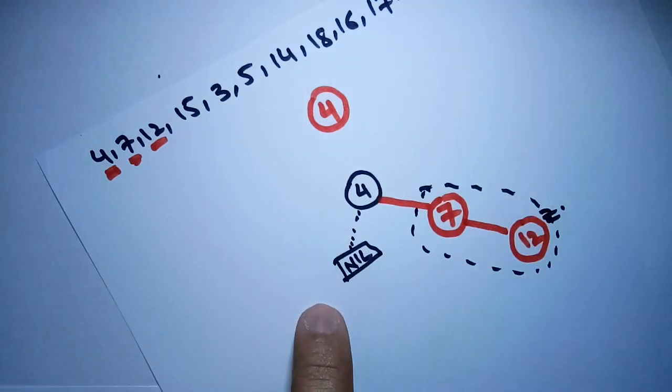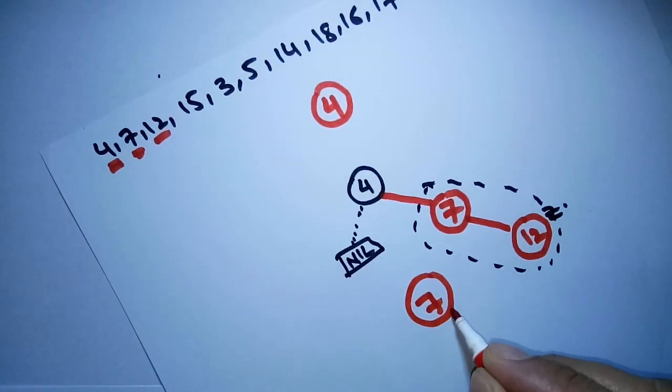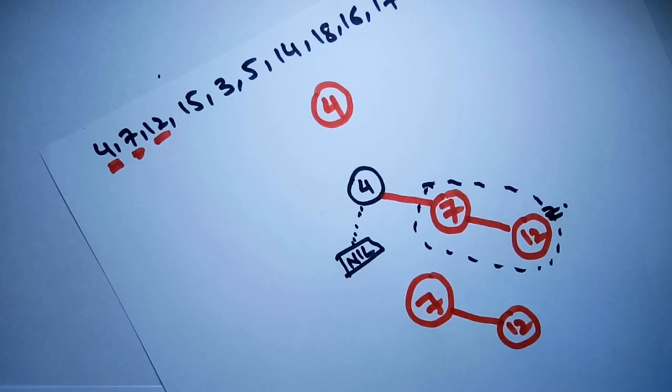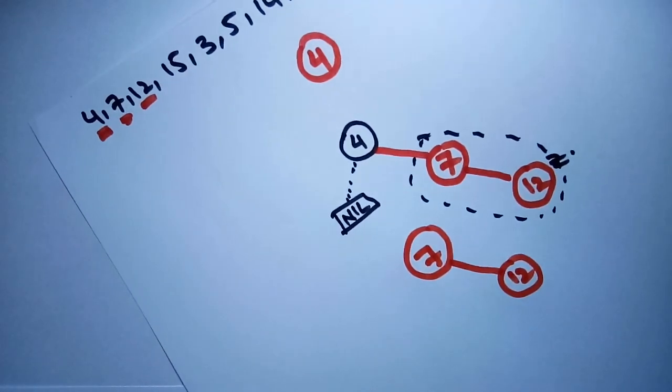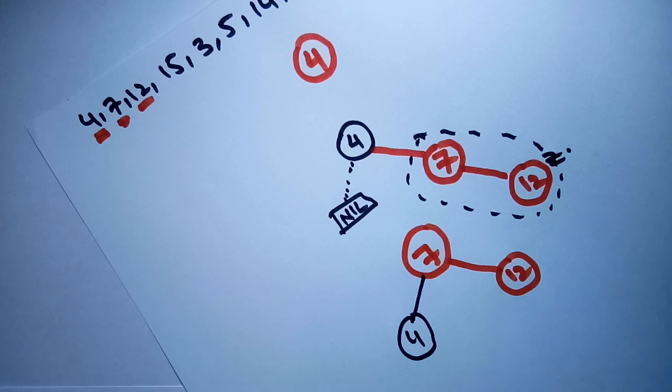If we rotate 4, what will happen? 7 will come here, 12 is here, and 4 will go down, right? That is number 1. Number 2, it says exchange the color of the grandparent and the parent.